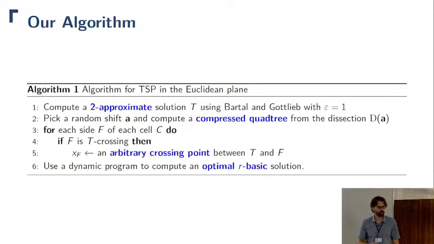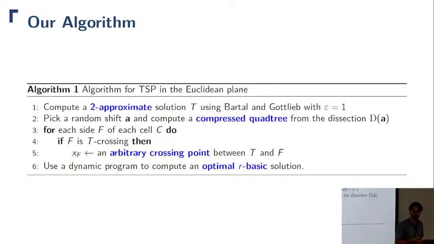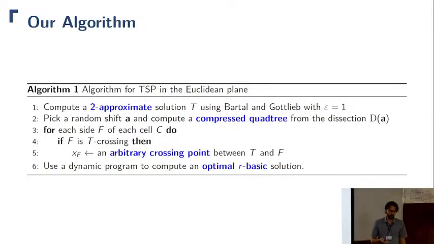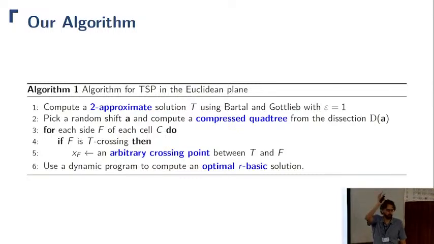You can only deal with a linear number of squares, and you can achieve this. This was also done by the previous works. Basically, if only one point is in the square, you don't have to subdivide it more, and squares in which nothing happens, you don't have to do anything.